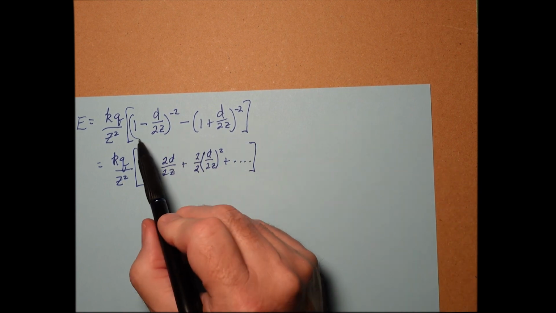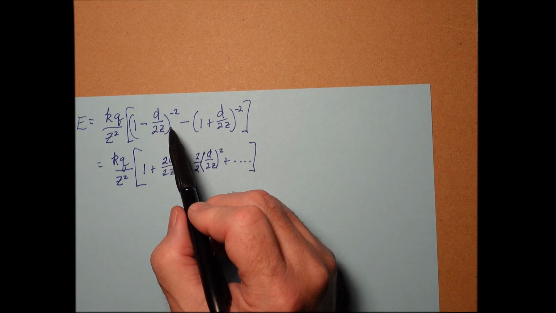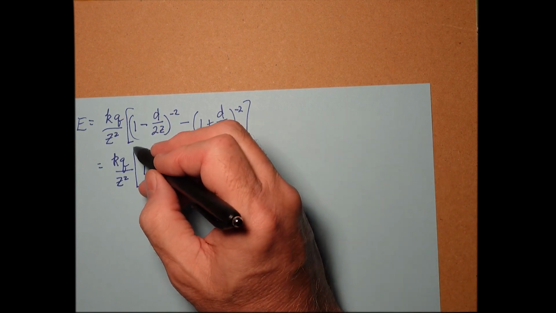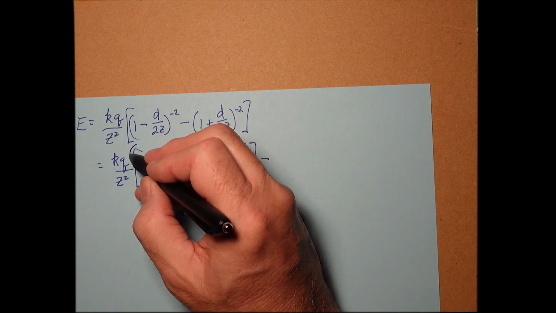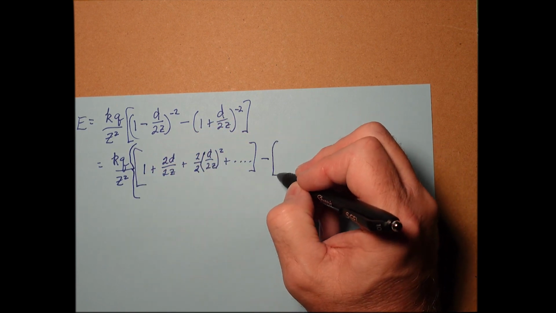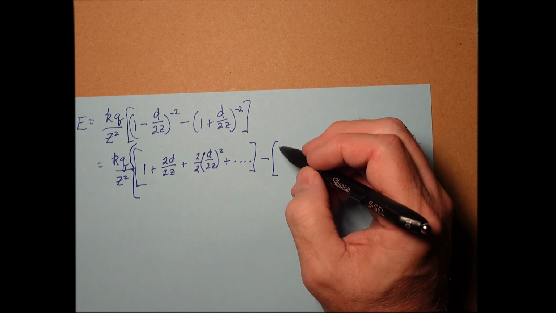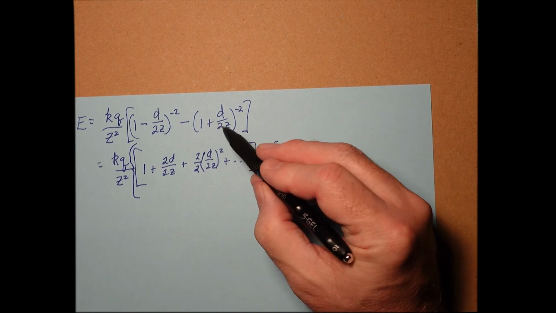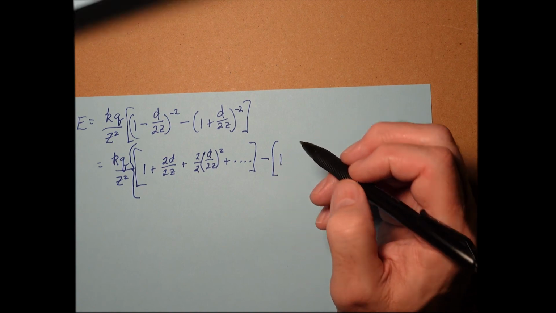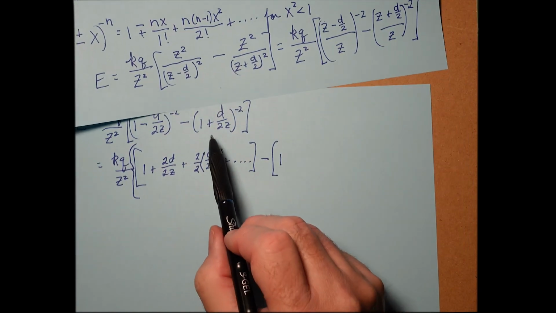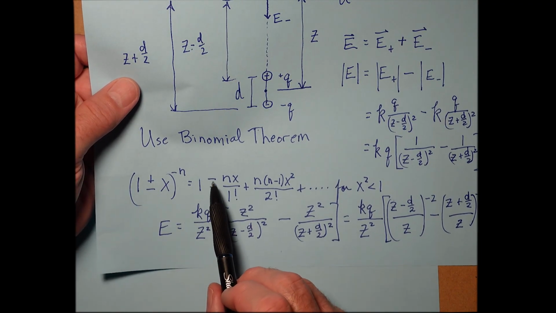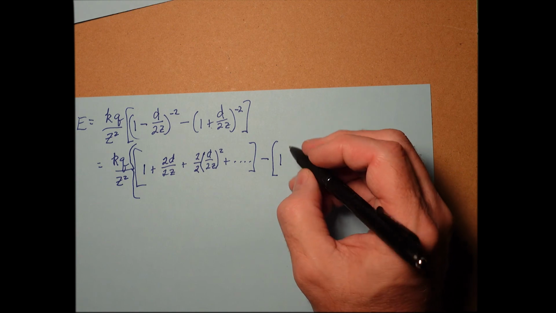And that takes care of this first term right here. Now, let's do the second term. Minus, and we're going to have another set of parentheses here. Minus, because I'm putting things in square brackets here. Let's do this term and expand it. That's going to be 1. And since now we're dealing with a positive sign here, that means that we need the negative sign there.